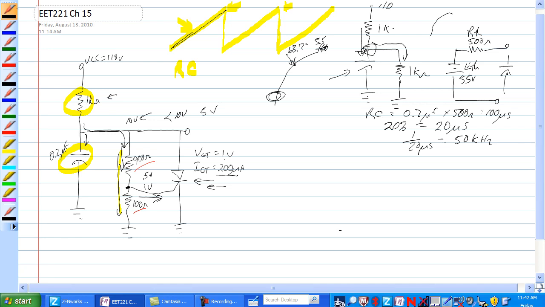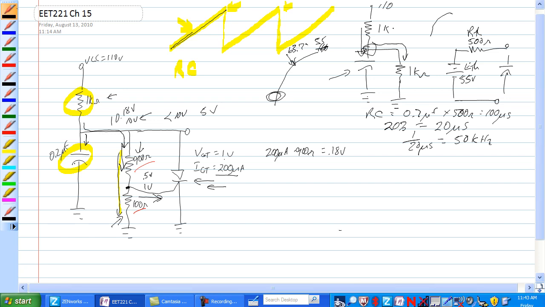So I'll have the 200 microamps, all that current going through this resistor, but not this one. 200 microamps times 900 ohm is equal to about 0.18 volts. So I would say that this has to get to at least 10.18 volts in order for it to fire.